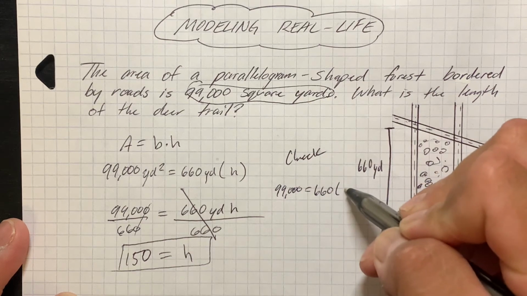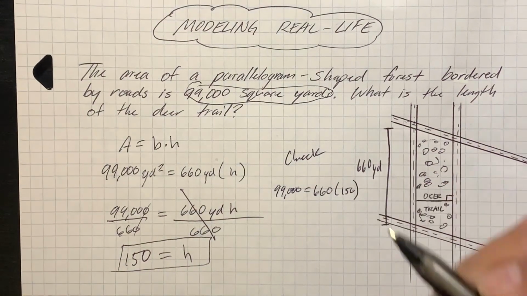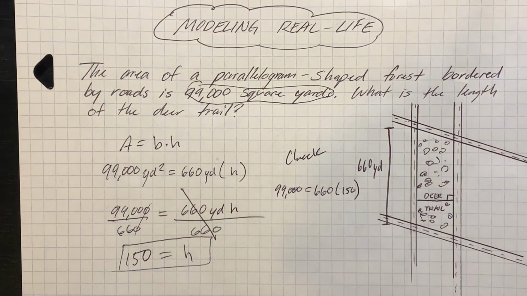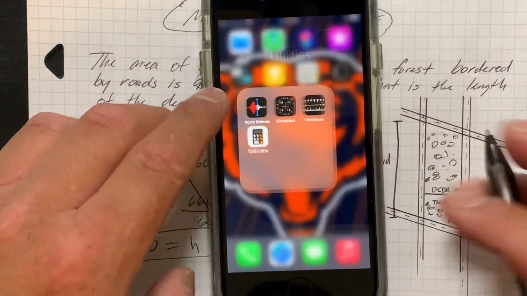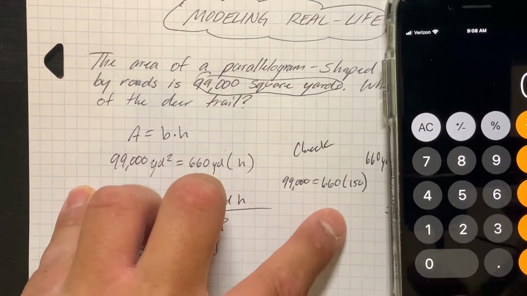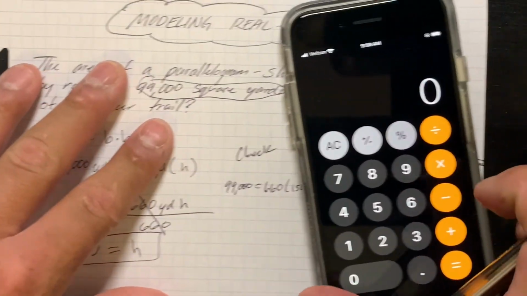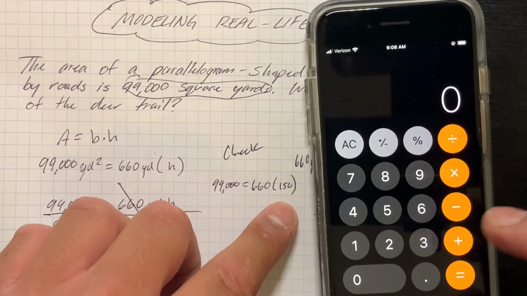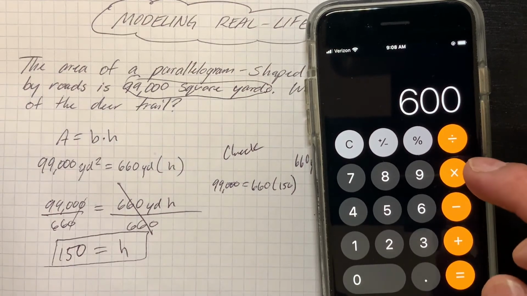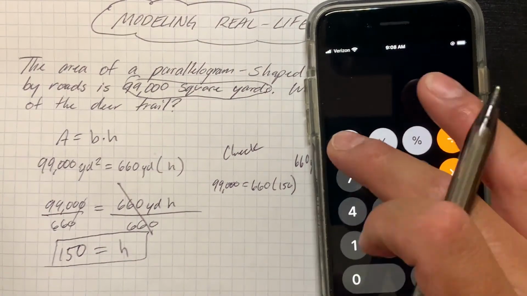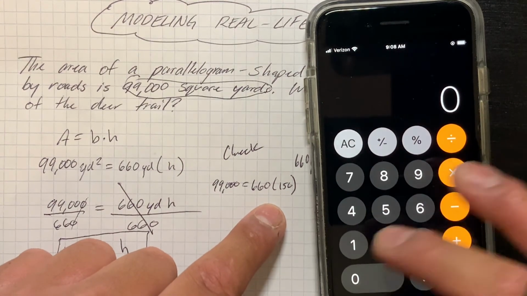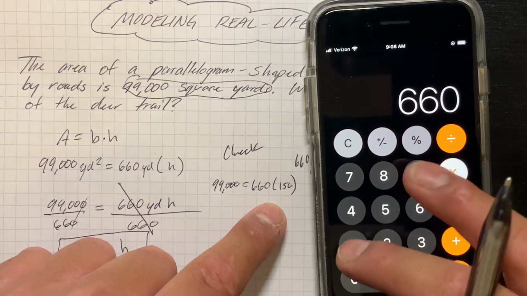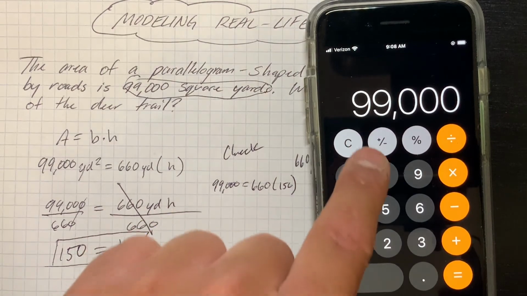660 times 150. Let me just break out my calculator here. Let's see here. So again, I want to multiply, and I do encourage you guys to use your calculators. As we go forth, we're going to need to teach you guys how to graph. So 660 yards times 150 yards equals 99,000.